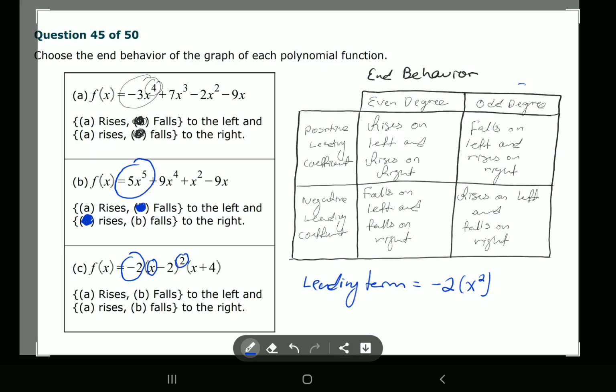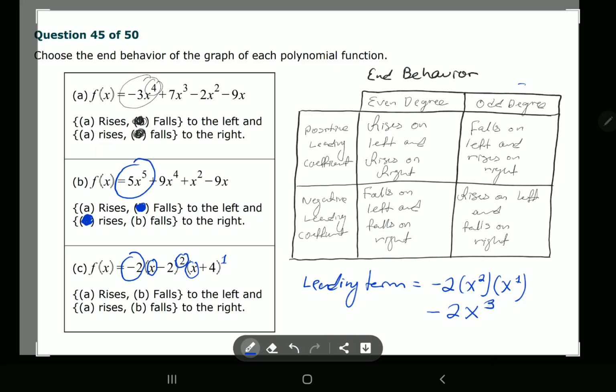And here I have x to the first, so I'm just going to put an x to the first here. Now remember, when you're multiplying terms with the same base, you add the exponents. So x squared times x to the first, 2 plus 1 is 3. My leading term is going to be negative 2x to the third power.